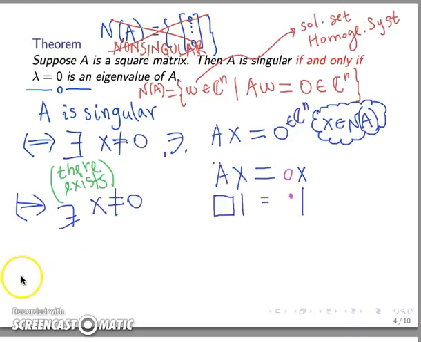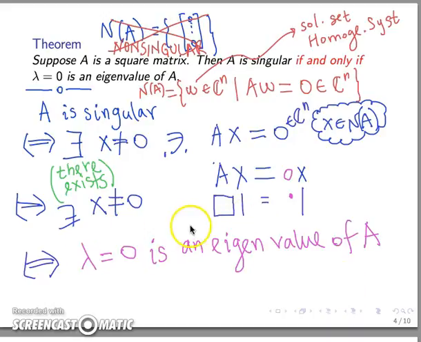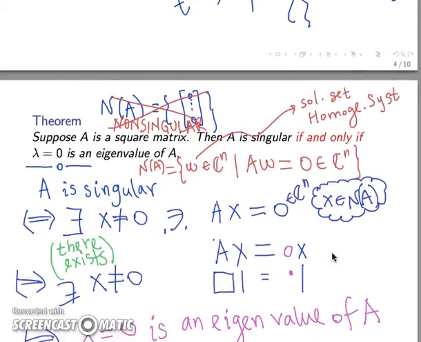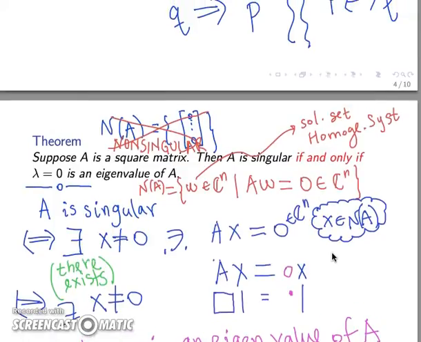And this is something that states that lambda equals 0. In other words, this is something that we would articulate as lambda equals 0 is an eigenvalue of the matrix A. Okay, so this is the way in which we have written the proof of this theorem.